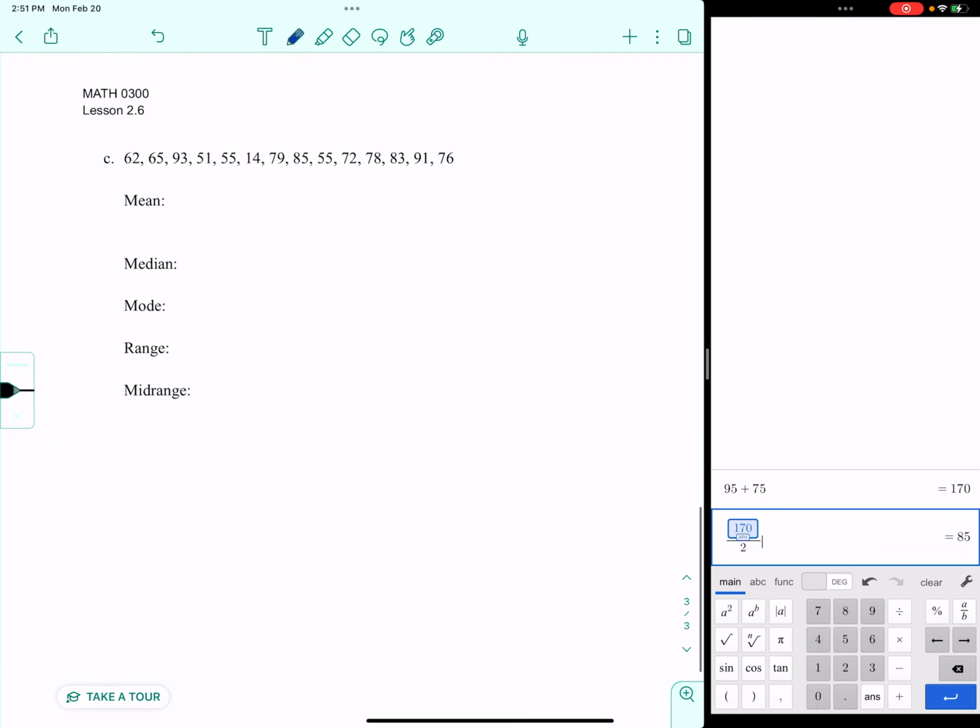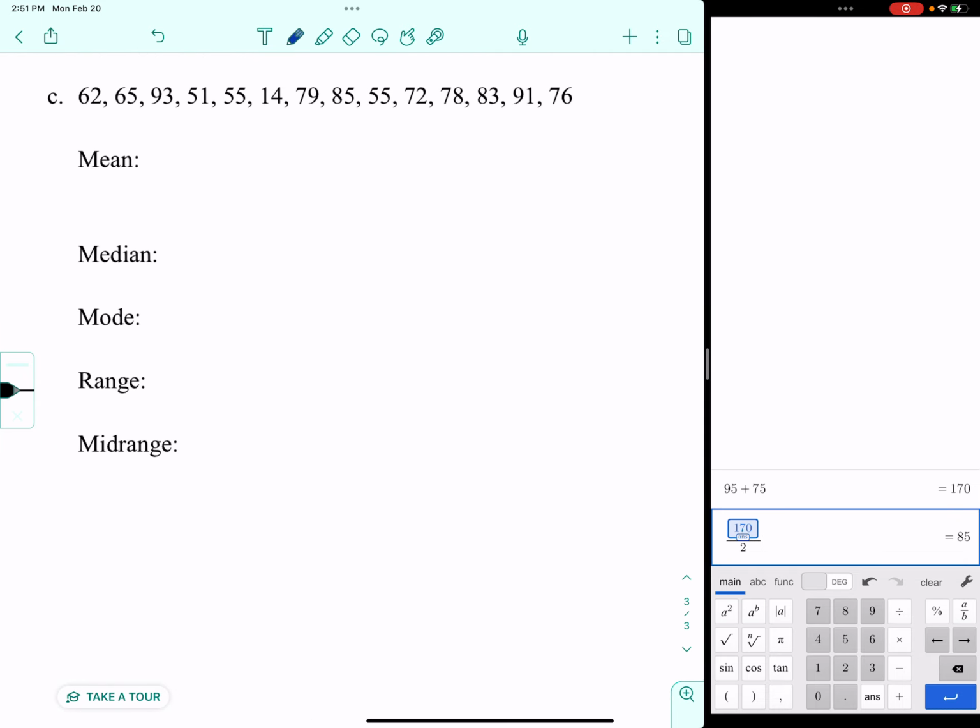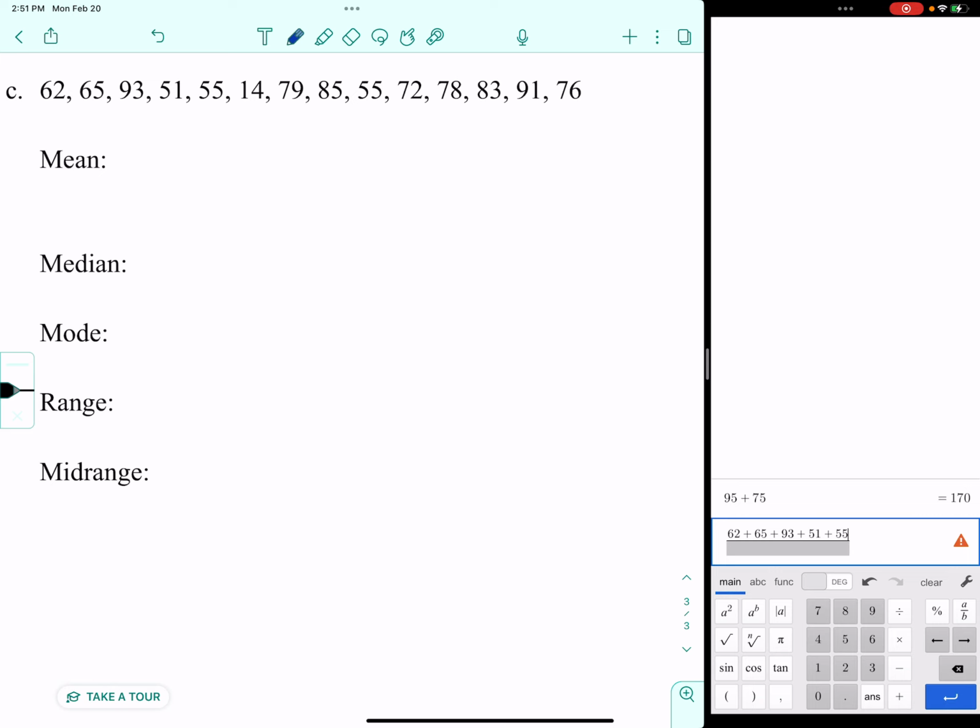Last one. We need to find the mean, I'm going to add everything up and divide it by the number of things. 62 plus 65 plus 93, 51, 55, 14, 79, 85, 55, 72, 78, 83, 91, and 76.